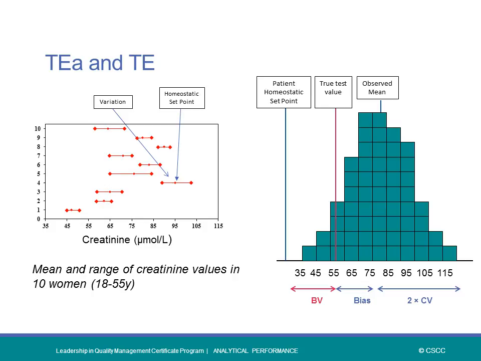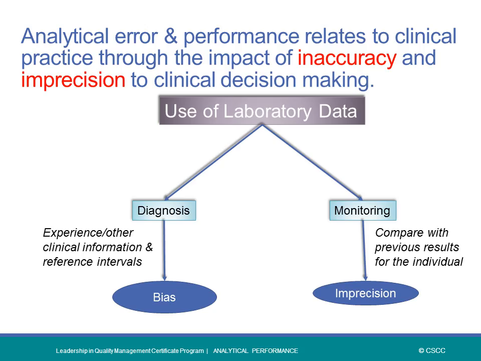But analytical error and analytical performance, of course, is a very clinically relevant topic, certainly if we consider the effect that accuracy and imprecision has on clinical decision making. In the diagram in front of you right now, we just explored two possible uses and the relevance of analytical error in this context.